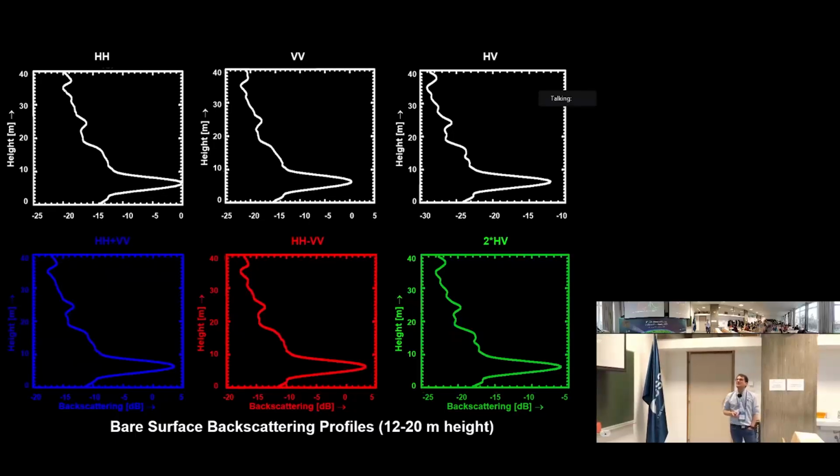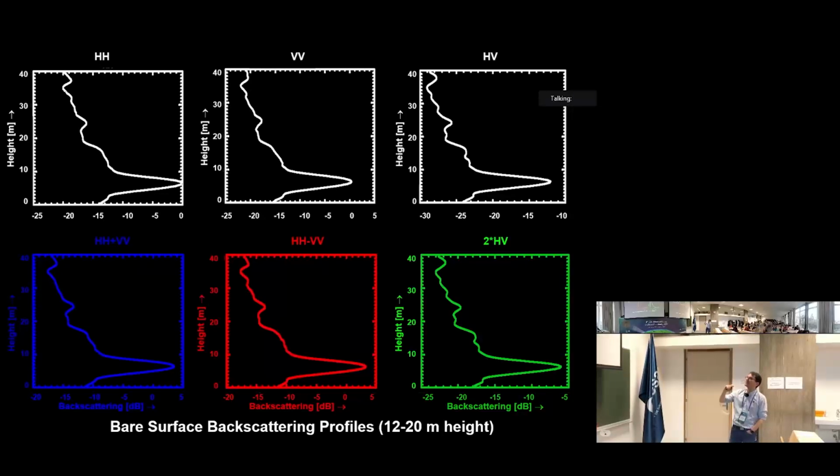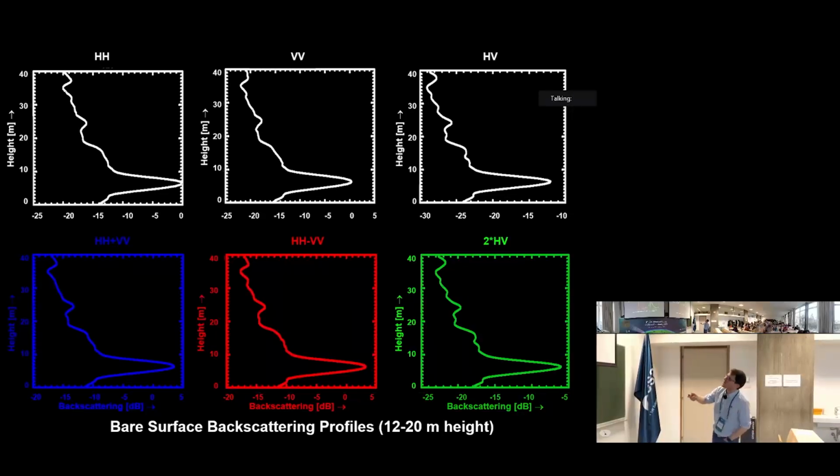Anyway, let's take some points. Tomographic profiles in different points, say here on a surface, in different polarizations. On top you have HH, VV, HV, and on the bottom you have HH plus VV, HH minus VV, and twice HV. It's a surface, so the only scattering contribution is located at the ground.